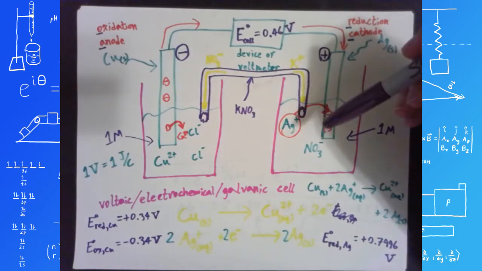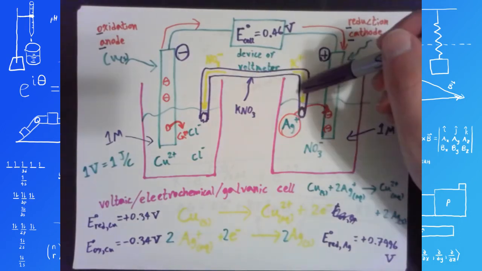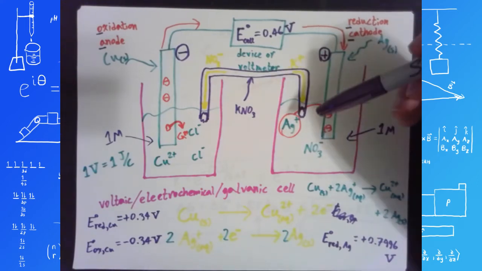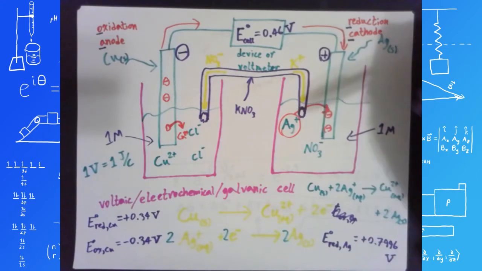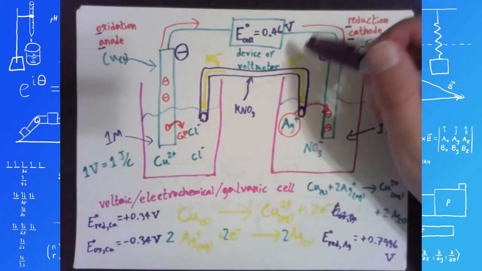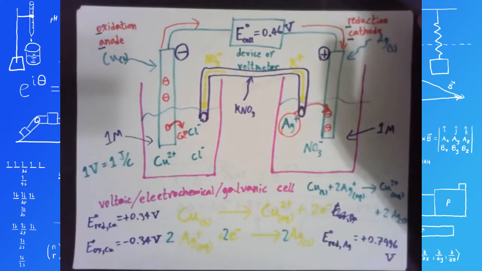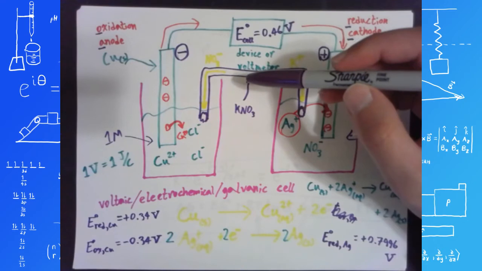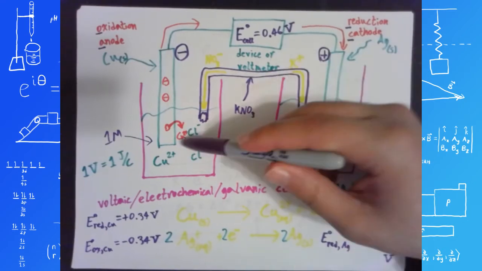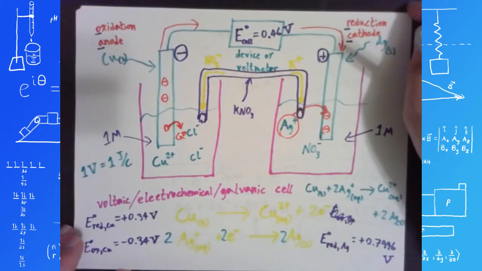You'll run out of silver ions, or you'll run out of chloride ions from your salt bridge, whichever happens first. You run out of material and you stop generating electricity, so no good. Be very careful about your choice of salt bridge. It can be almost anything as long as it doesn't have unwanted interactions with the ions in your half cells.